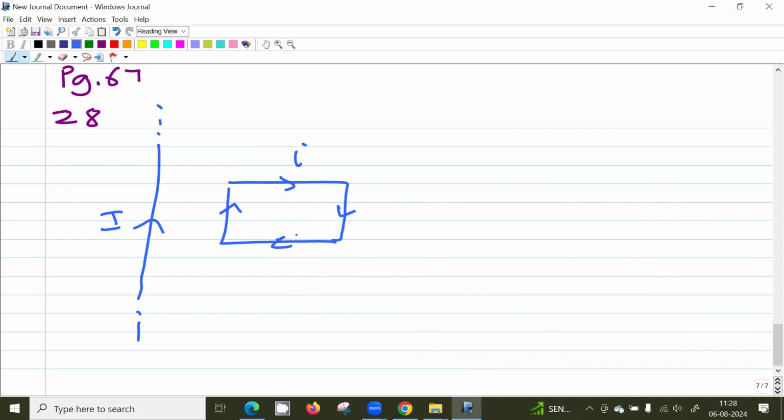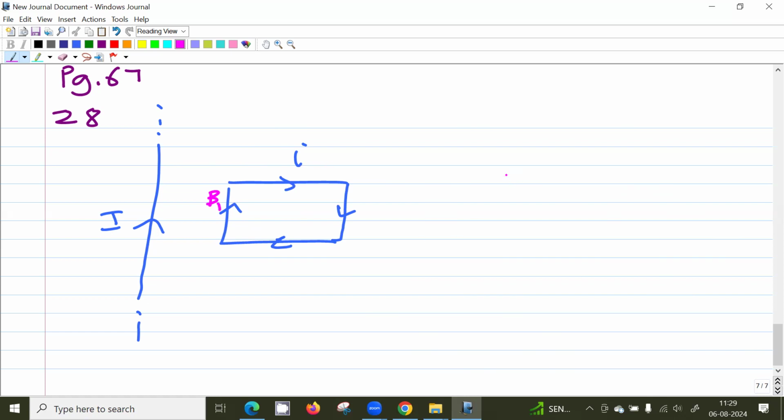Once the current is flowing here, there will be an interaction between the two currents. I can think of it as an interaction between one current and the magnetic field produced by the other one. So this straight current will produce a magnetic field at this point. Call this B1, and that will interact with this current, which we call I2.